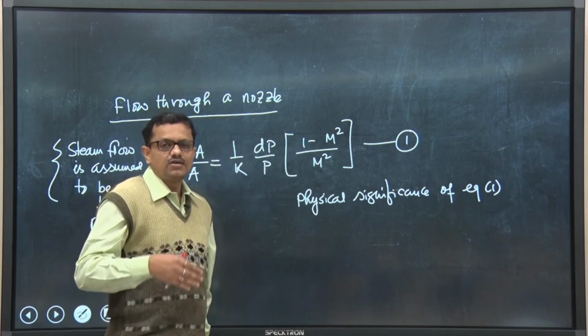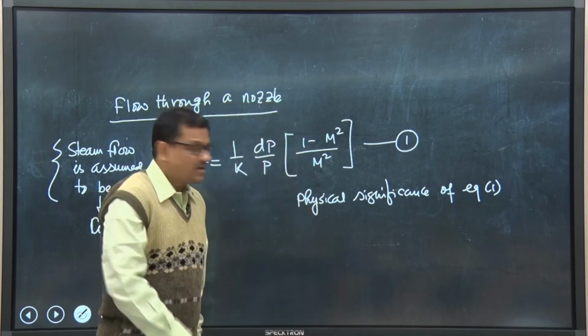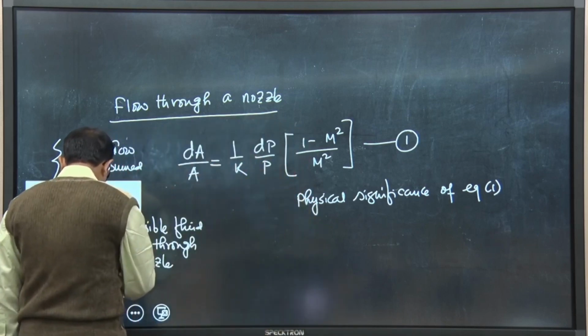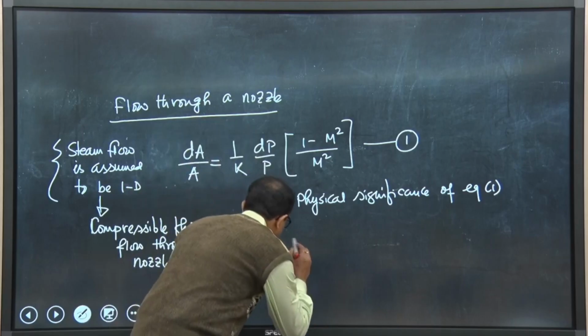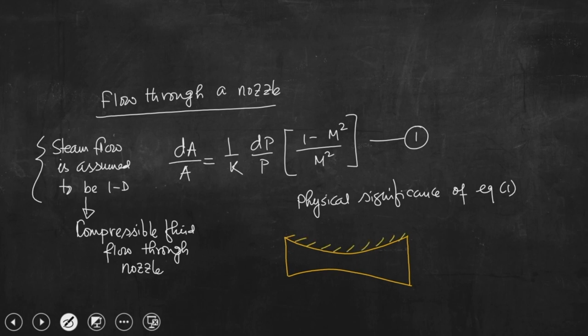In the last class we assumed that it is the flow of steam through a duct having varying area.